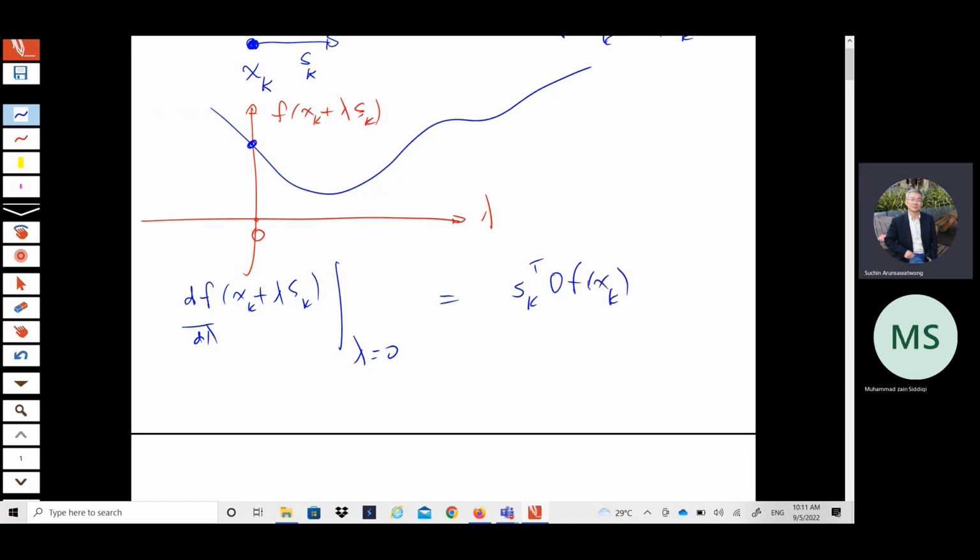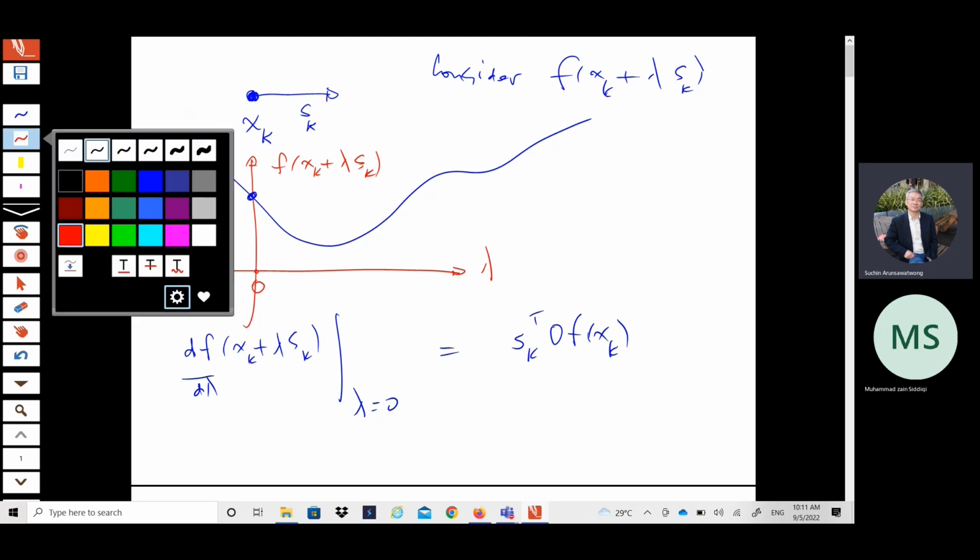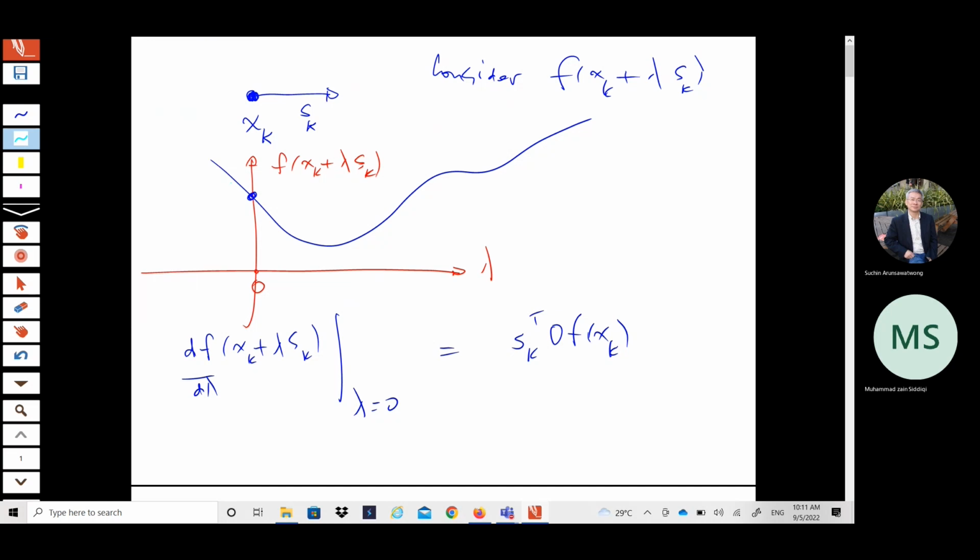From chapter 4, you know this. So from the interpretation of the directional derivative, this is the slope at this point.